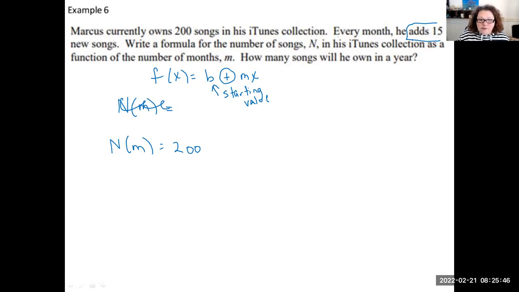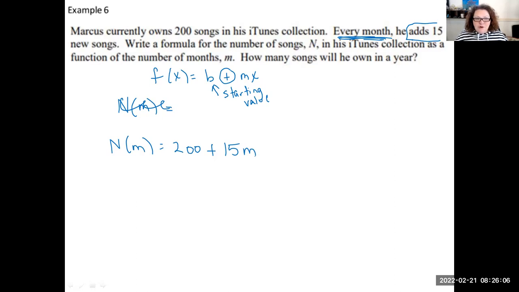How often? Every month. So the rate of change is positive 15. He's adding 15 new songs every month. So that's our function. We've already done that first part.